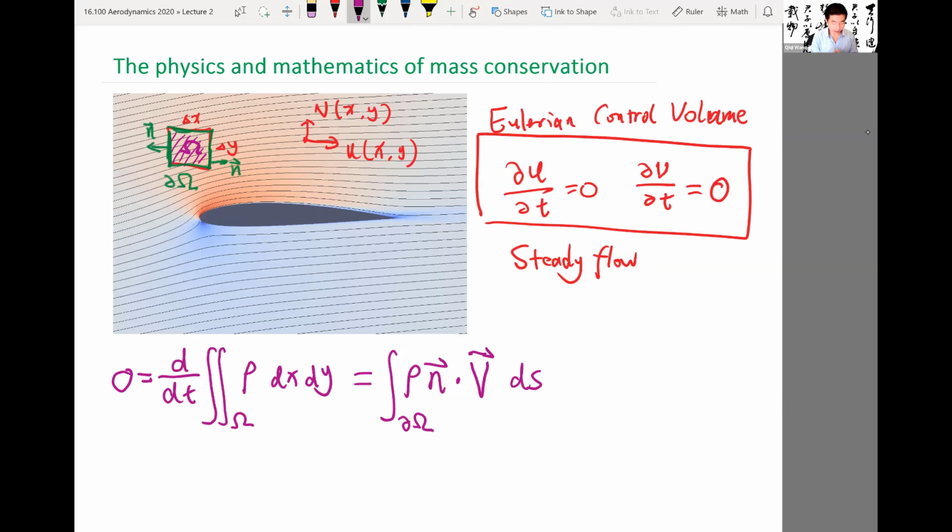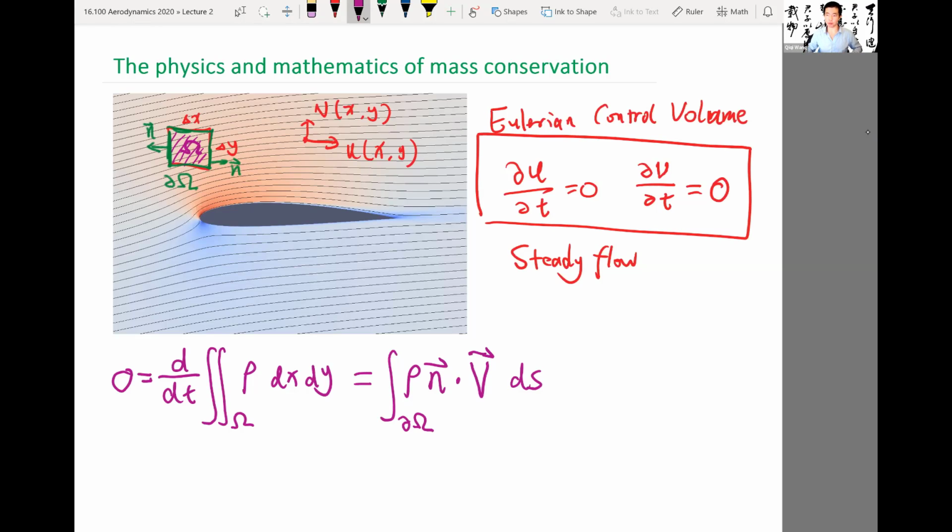And let's specialize in this case and try to drill down this mass conservation into something that doesn't just work for a control volume, but for every point in the flow field. Because now, as we are getting to predicting the lift of an airfoil quantitatively, we don't just want to look at the whole airfoil as a single thing, but we want to look at every point.